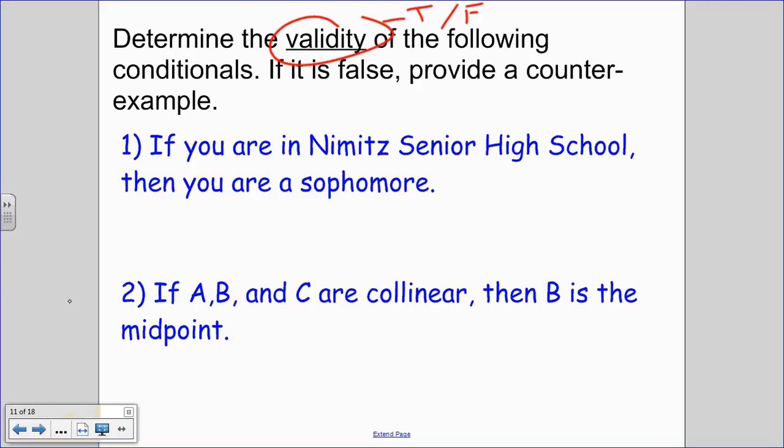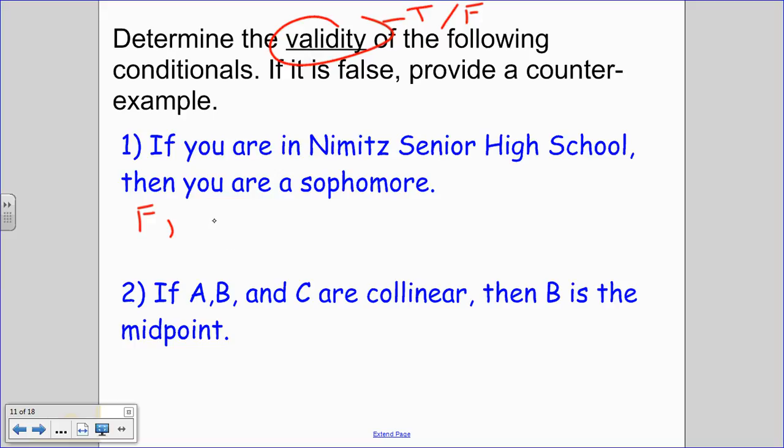So the first statement says, if you are in Nimitz Senior High School, then you are a sophomore. In order to say true, it has to always be true. So read it again. If you are in Nimitz Senior High School, then you are a sophomore. Is that true always? No, it's not. It's false.